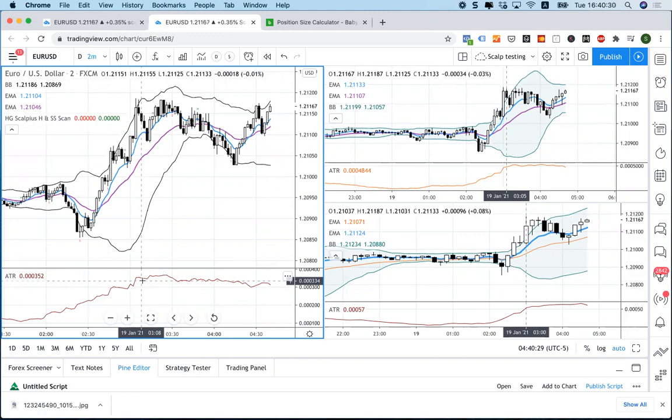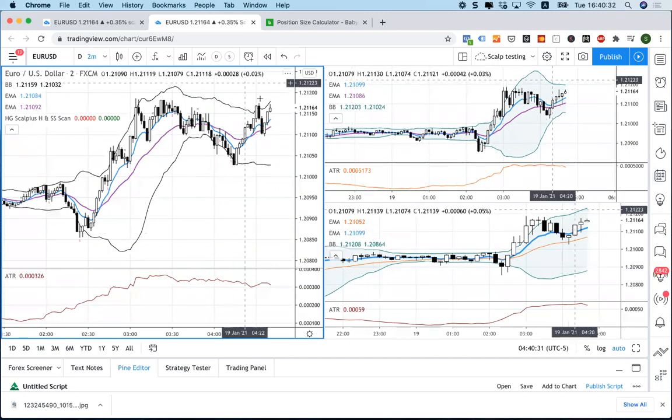Yeah, that makes sense. Oh shit, we have a short setup, but no confirming evidence.